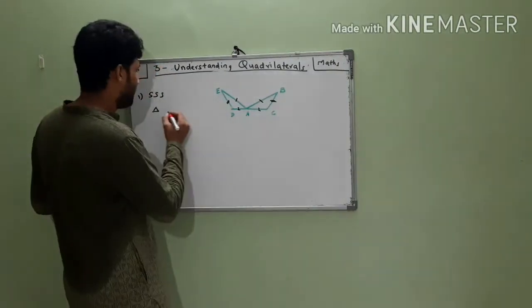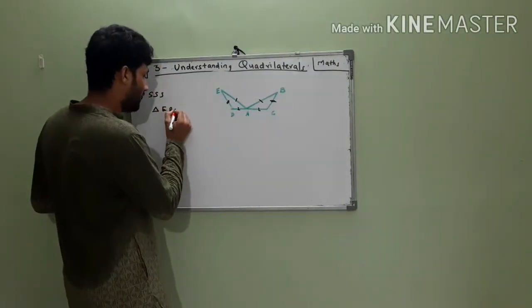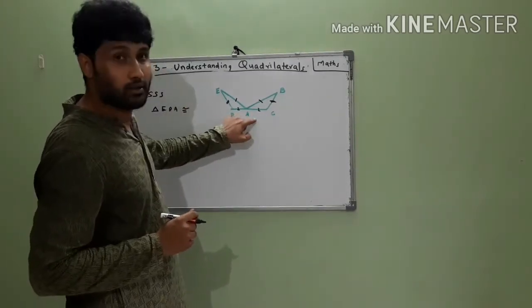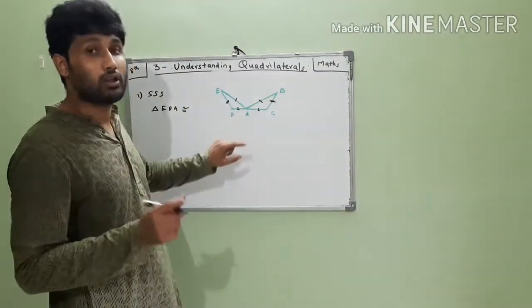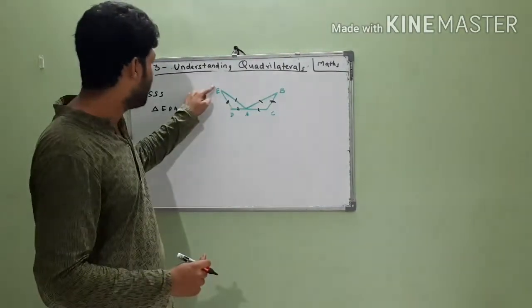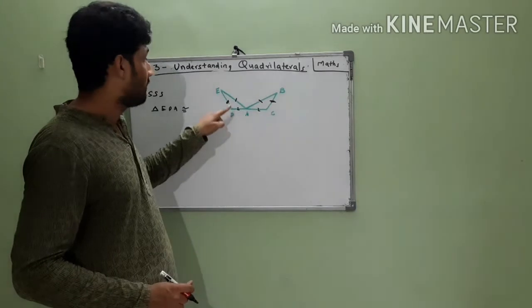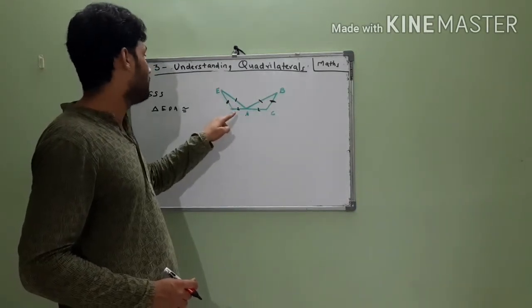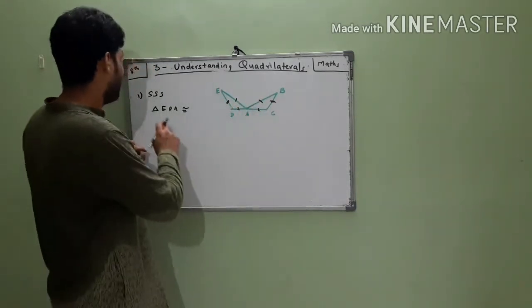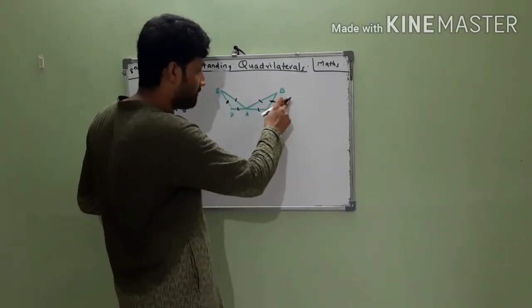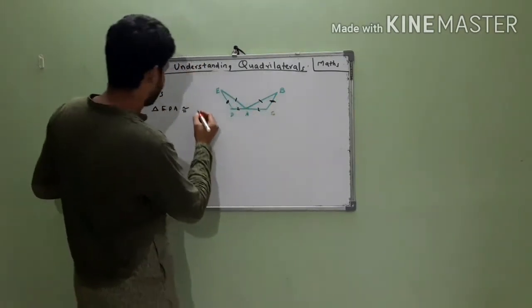So if I say triangle EDA, I have to talk about the corresponding sides which are equal. So ED equal to what? BC, DA equal to CA and AE equal to AB. So EDA is congruent with BCA.